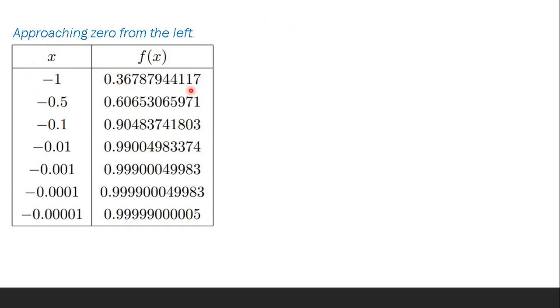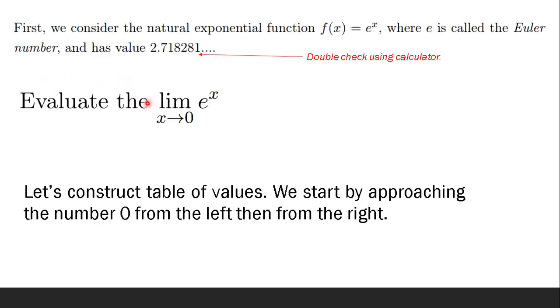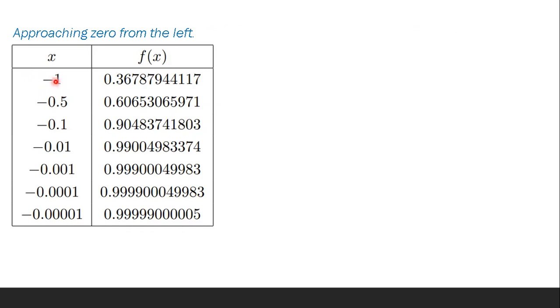And in order for you to find the value of your f of x, just simply substitute your value of x into your function, which is e to the x. So if you substitute -1, that's e to the -1. You can use calculators in solving the value of f of x.